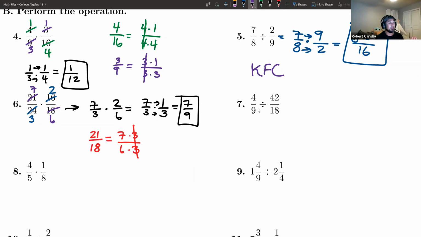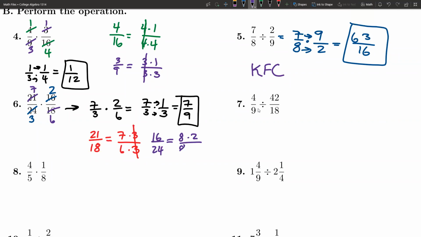Okay. And then to show you where that 7 thirds comes from, we had 16 and 24 as well. So these two numbers, 16 over 24. If I broke those down, we said that 8 was the biggest number. So 16 is 8 times 2, and 24 is 8 times 3.